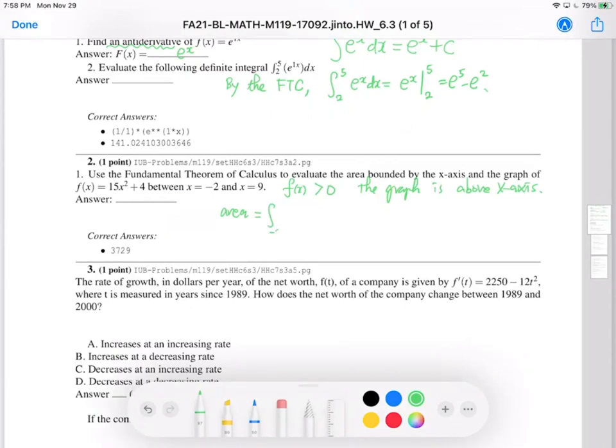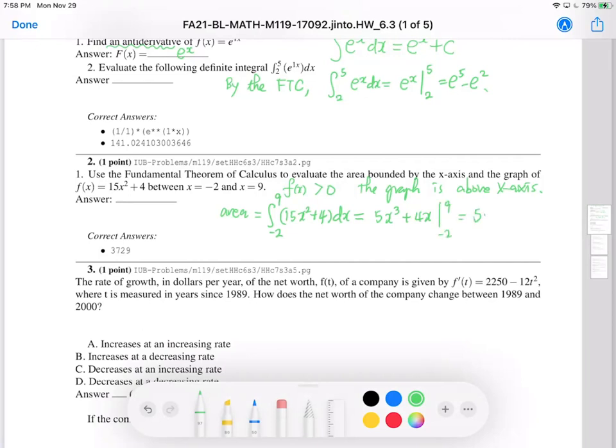the definite integral from negative 2 to 9 of 15x squared plus 4 dx. Okay, so by the fundamental theorem of calculus, one antiderivative is 5x cubed plus 4x, evaluated from negative 2 to 9.